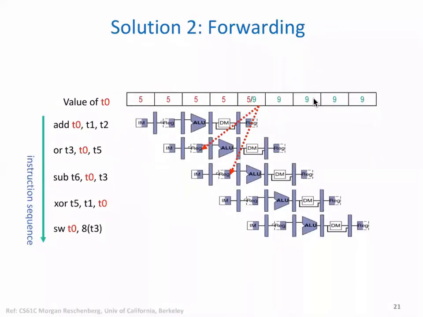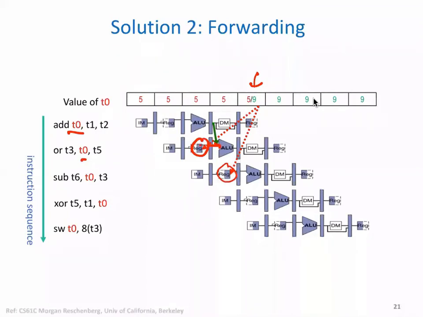So here if you look at it, this is the previous example. The result of this addition is available here, while we are using it at these two places. Actually, the value of T0 is going to the ALU.